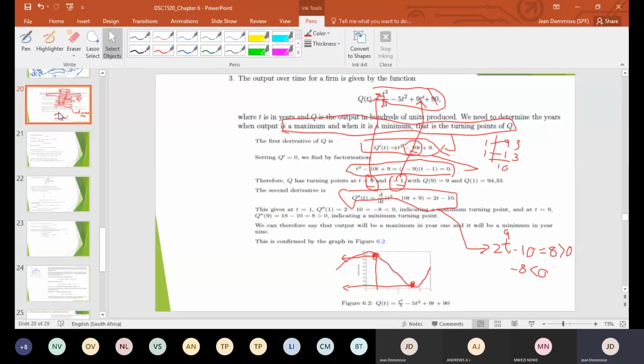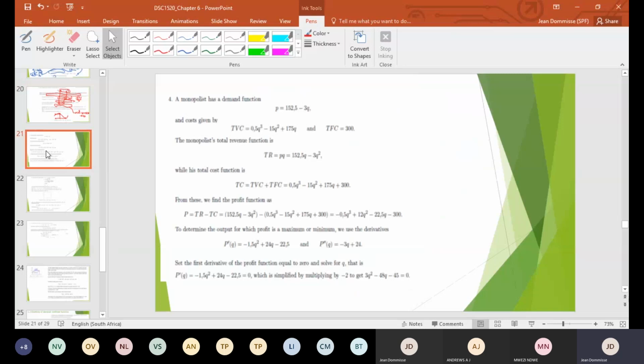Okay, so first derivative gives me the x points or the turning points. The second derivative indicates to me how the graph will flow, if it is a minimum or a maximum. Okay, so that is example 3, just going more into the detail of the first and second derivative.